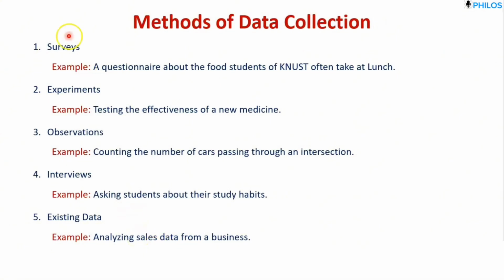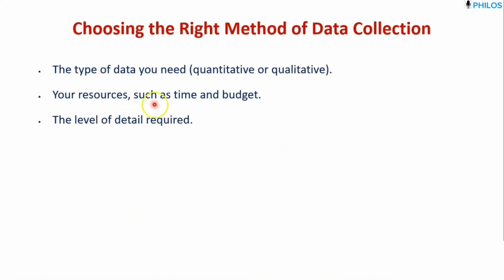So you can see that each of these methods is used for different scenarios. To select any of these methods, you have to consider the type of data you need, whether quantitative or qualitative. You also have to consider your resources, such as time and budget. An interview might take more time and money than a survey.